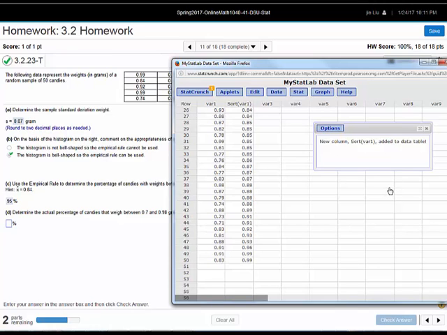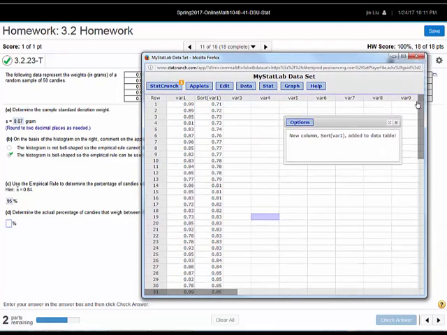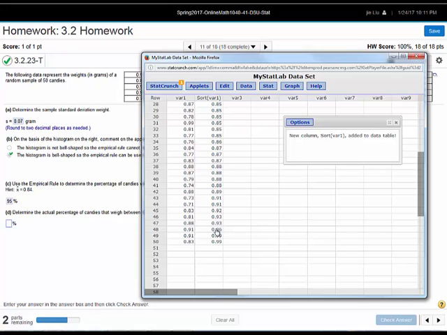Now it's easier to see how many are between 0.7 and 0.98. Looking at this, 0.71 is the first one, which is already bigger than 0.7, all the way until you find 0.98. Let's go down. 0.96 is less than 0.98, but 0.99 is already bigger.